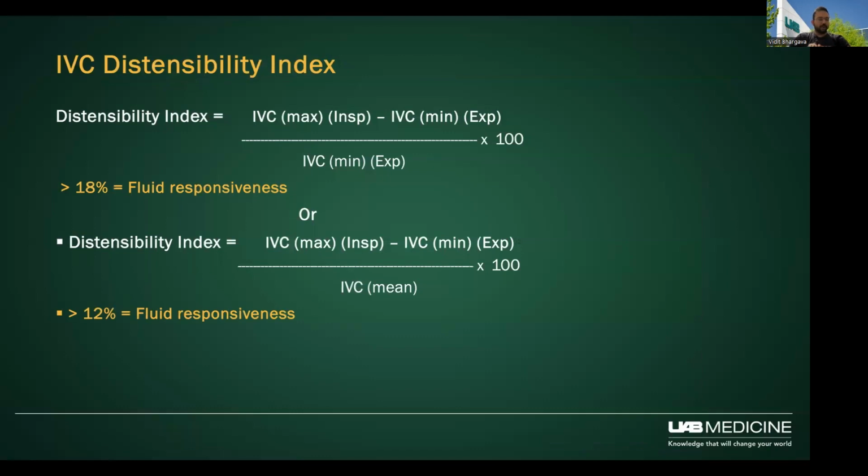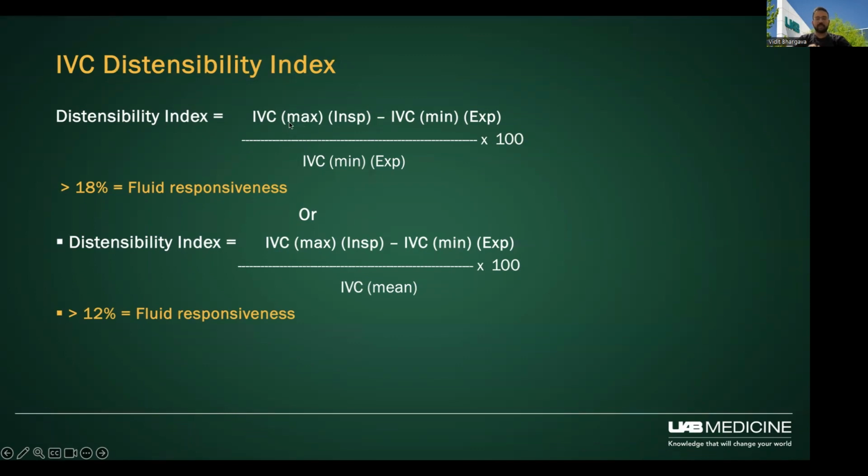The converse of IVC collapsibility index is the distensibility index, which follows our previous discussion about the physiology of a positive pressure breath and the fact that there may be changes in the size of the IVC and it actually goes up in size versus collapsing. And so distensibility index is calculated as your IVC. There are actually two different formulas.